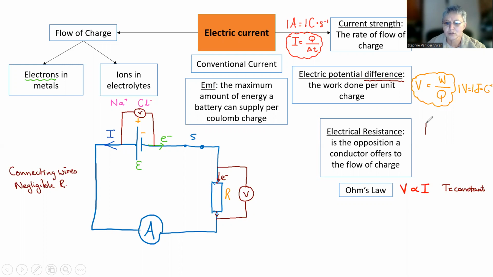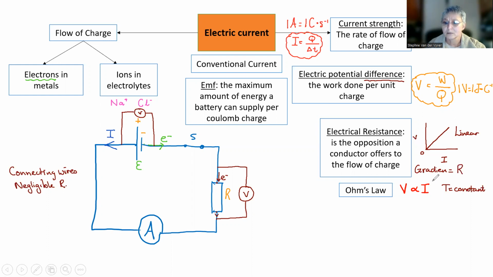So if we would draw a graph of potential difference against current for a conductor of which the temperature is kept constant, we would get a linear graph. And they have discovered that the gradient of this graph is equal to the resistance of the resistor.